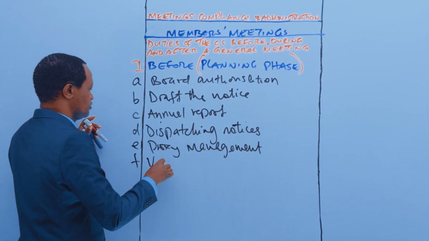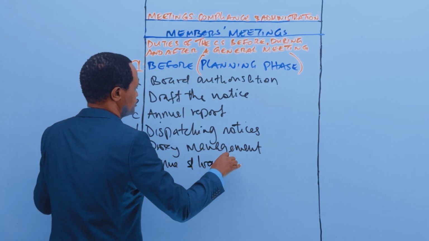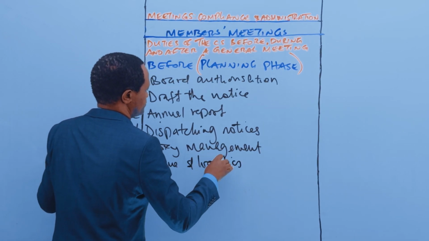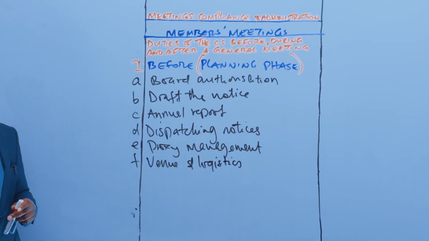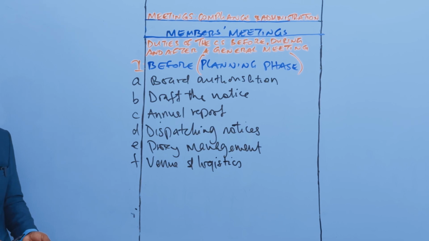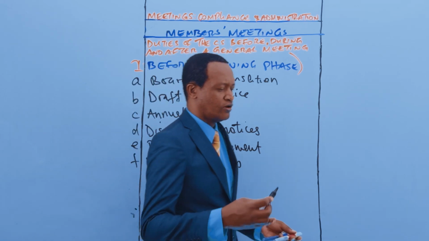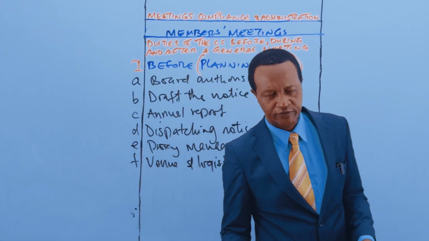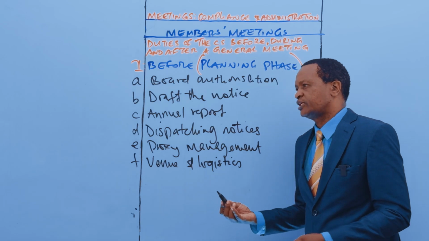Number six, we have venue and logistics. The corporate secretary has to arrange the physical or the virtual platforms, depending on whether the meeting will be held virtually or physically.